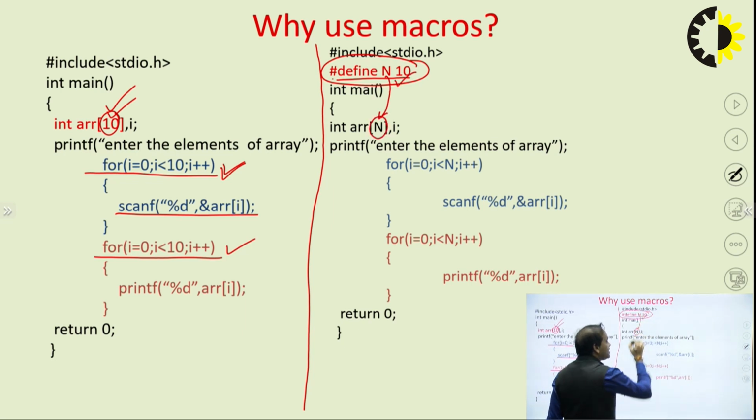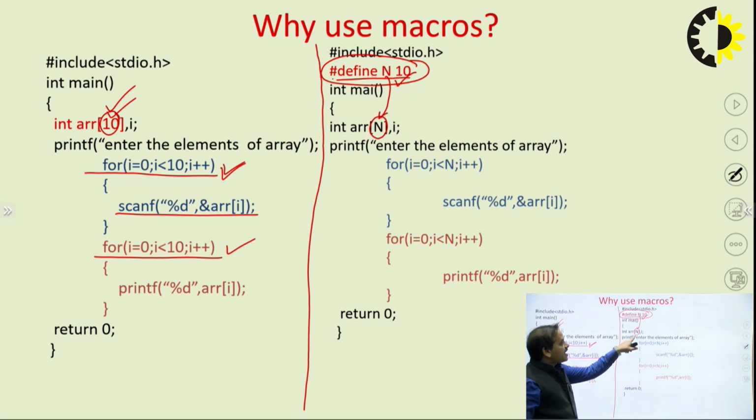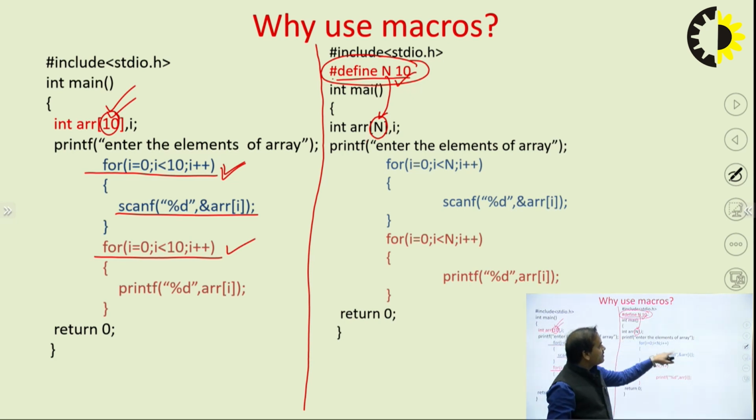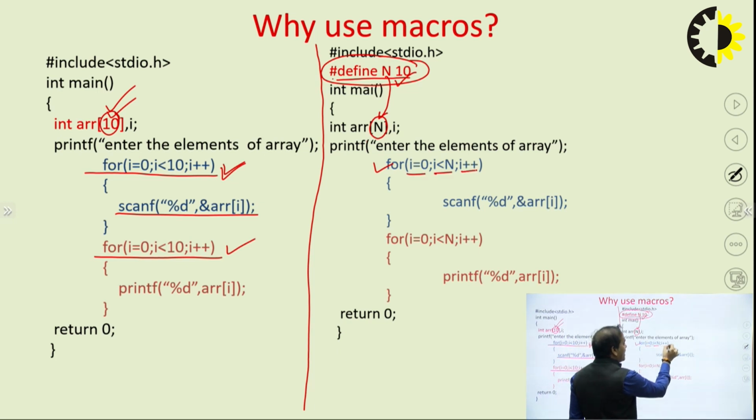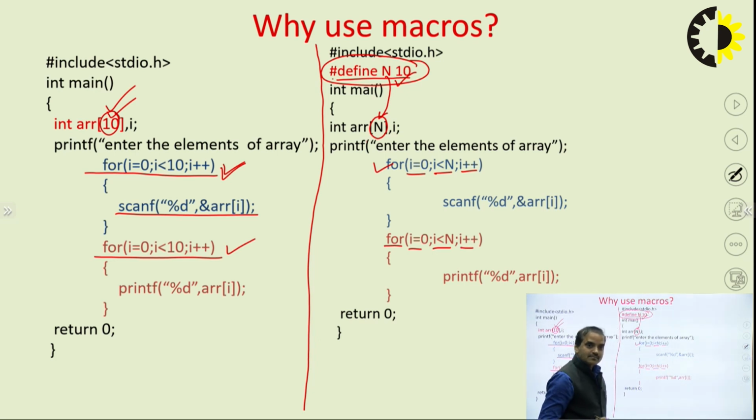Here we use n as the size of the array, int arr[n]. Now we want to enter and print the values in the given array. We write code like this: for i equal to 0, i less than n, i plus plus. Here I simply write a for loop for printing the values of the given array, i equal to 0, i less than n, i plus plus.